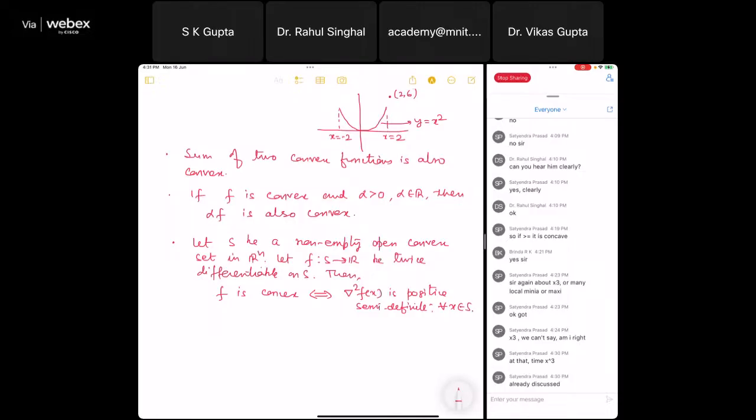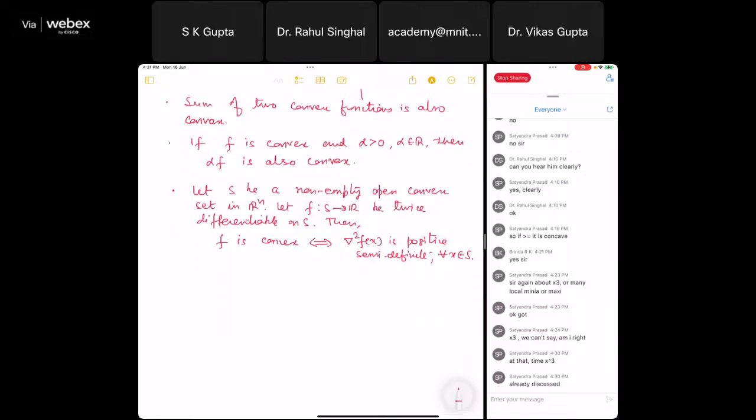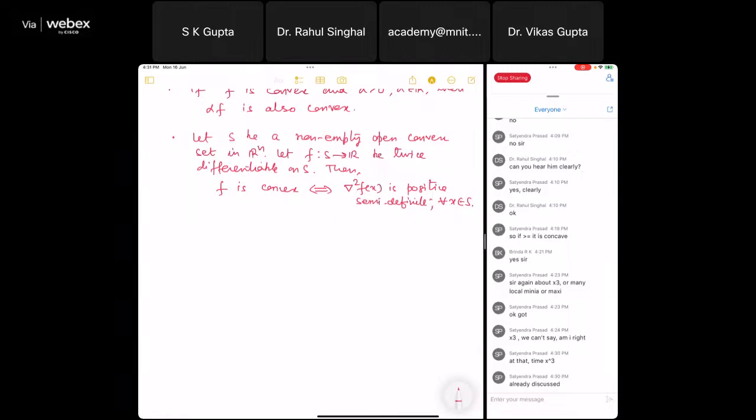Right? Now, this is a very important property of convex functions. I am not going to prove it here. I am just illustrating what this property signifies and how it is helpful in determining whether a given function is convex or not. But the limitation is that the function should be twice differentiable.